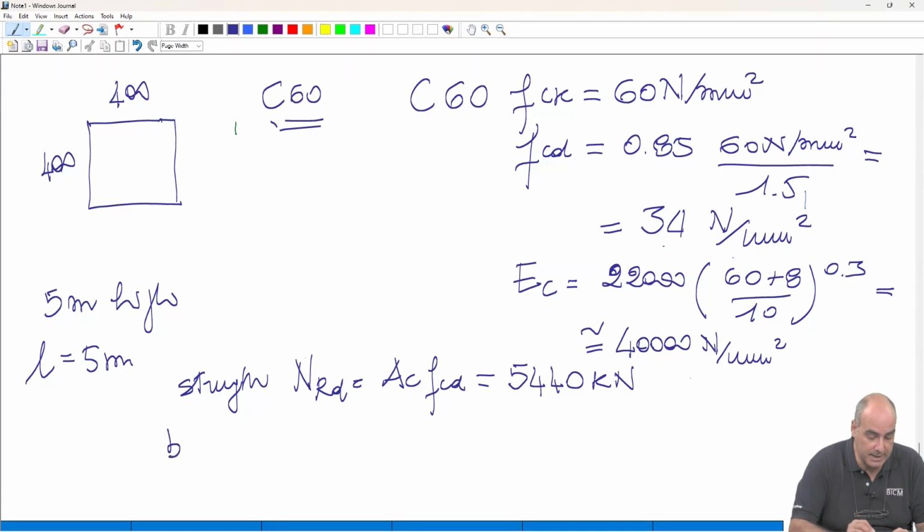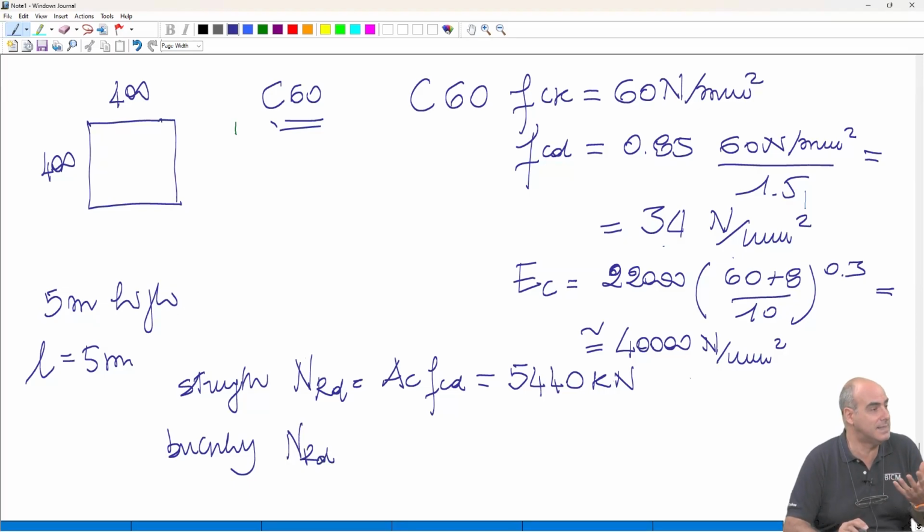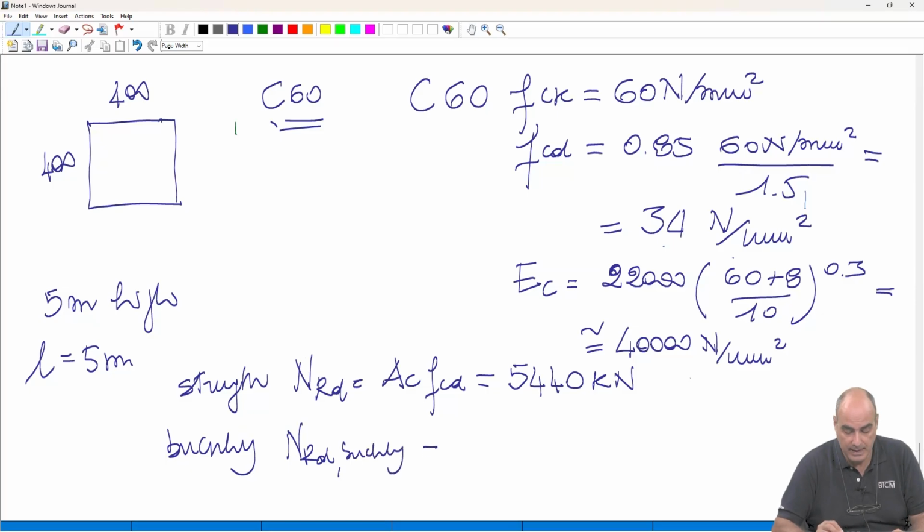The other one is the buckling load. So we can say it's always an NRD because it's always a resistant buckling. And we can say it's, what is this? Pi square over 4 EJ over L square.